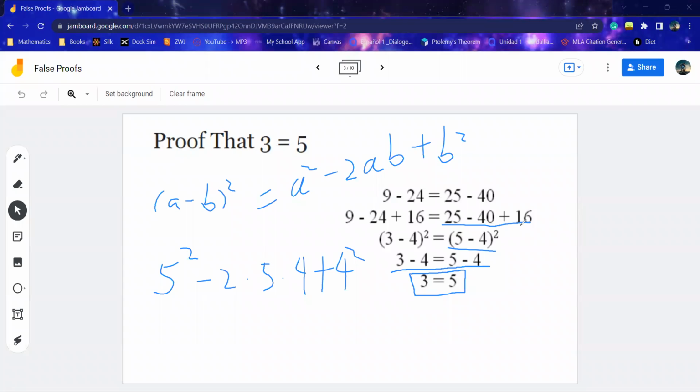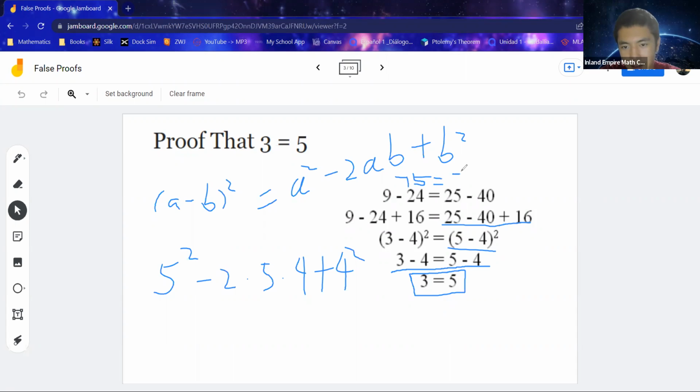We're basically trying to figure out why this happened. What went wrong that caused us to deduce something that's incorrect from a correct statement, right? Because we started with negative 15 equals negative 15. So how did we end up with something that's not correct, something like 3 equals 5? Why did that happen?